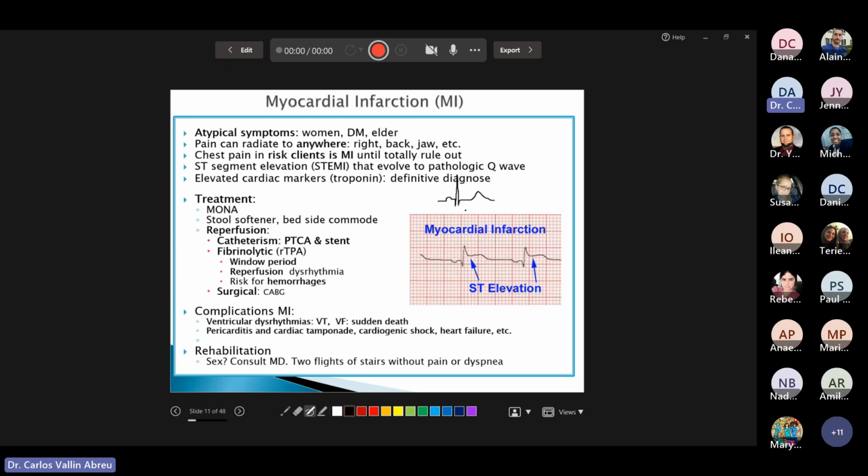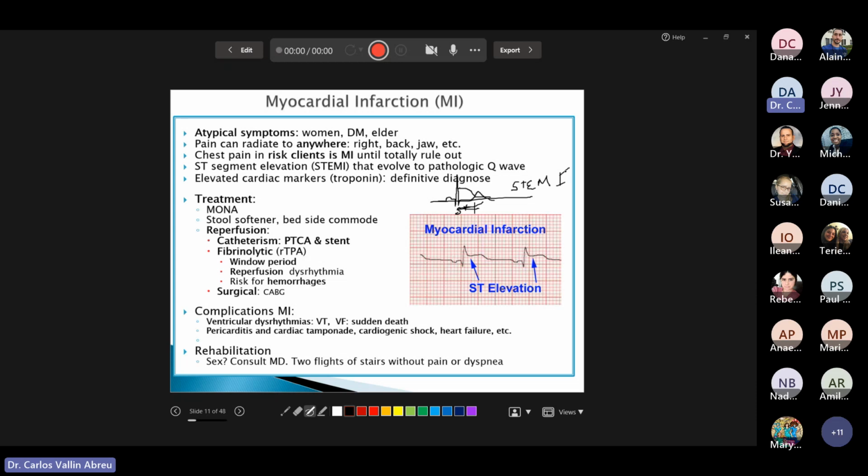This horizontal line is called the ST segment. That should be at the same level as the rest of the horizontal lines of the EKG. In the classical EKG of the myocardial infarction, you have an elevation of this segment, and it's called ST elevation myocardial infarction.